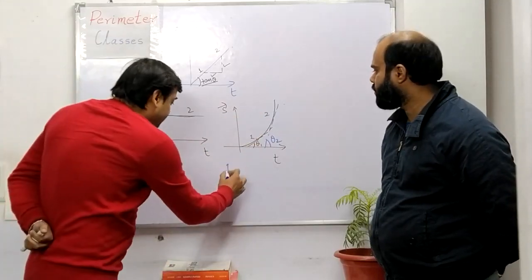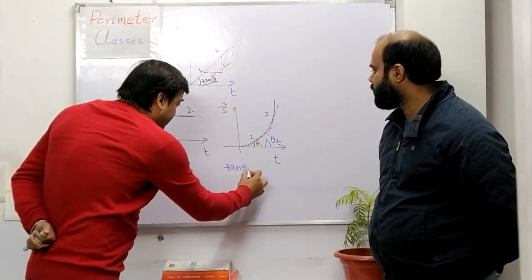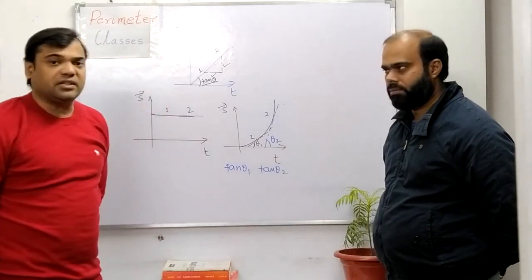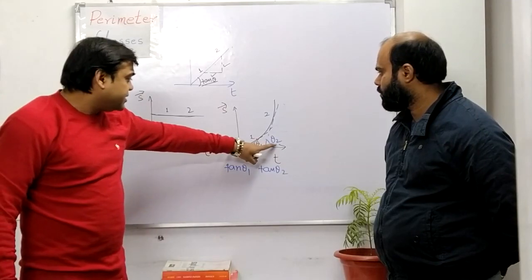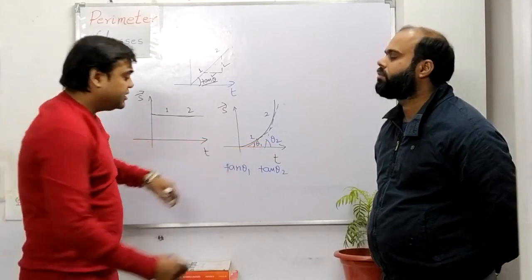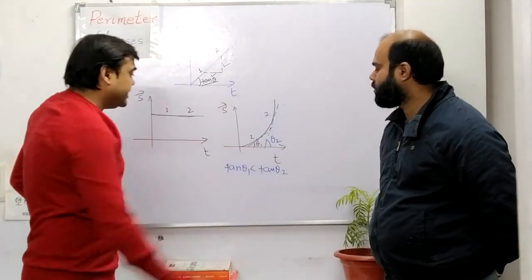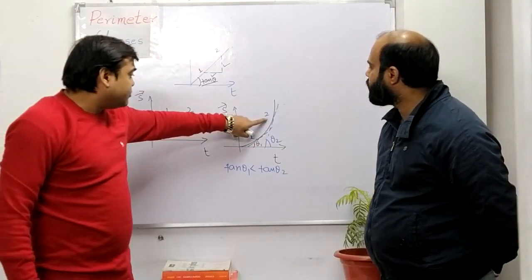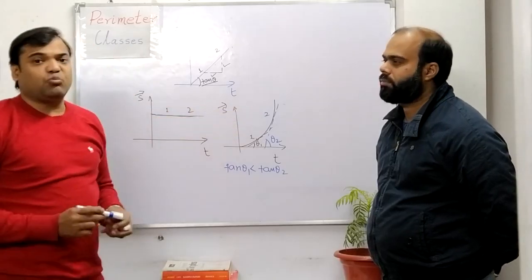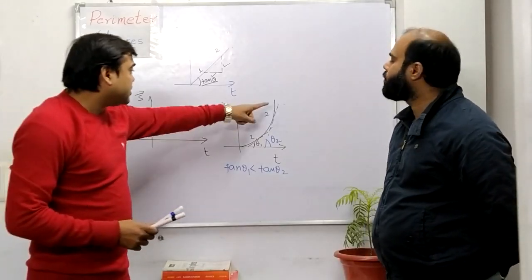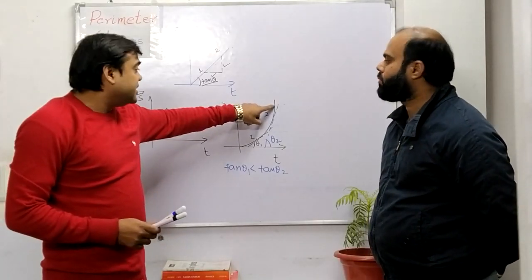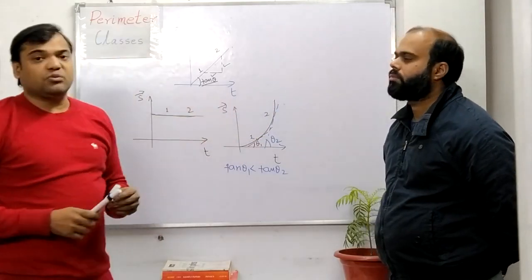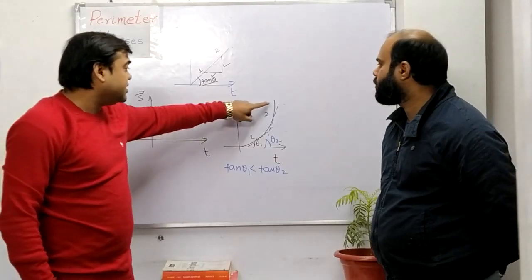The values of tan theta 1 and tan theta 2 can be easily calculated, and it is very clear that theta 2 is greater than theta 1, hence tan theta 2 is greater than tan theta 1. So the velocity at point 2 is greater than the velocity at point 1. If we move to some other point, say 3, then the tangent at point 3 is more than the tangent at point 2. So again the velocity at point 3 is more.